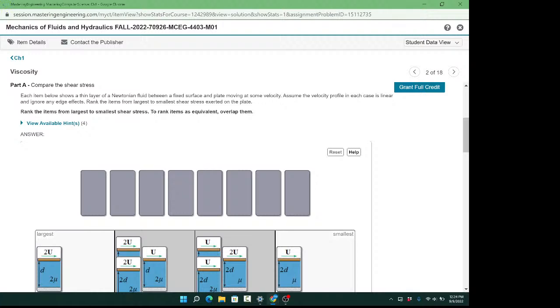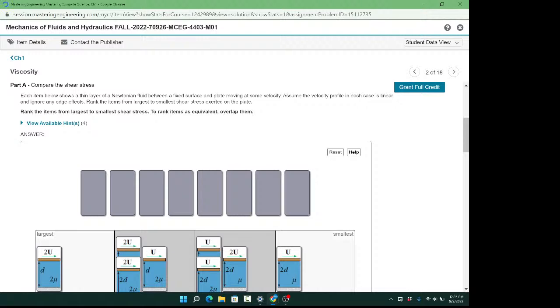Each item below shows a thin layer of Newtonian fluid between the fixed surface and the plate moving at some velocity. Assume the velocity profile in each case is linear and ignore any edge effects. Rank the items from the largest to the smallest shear stress exerted on the plate.